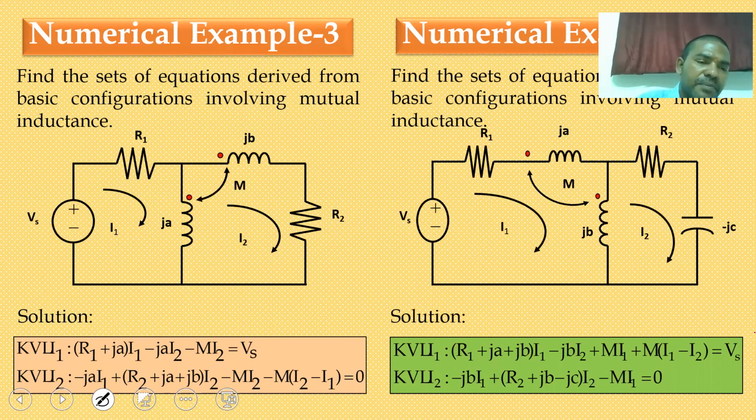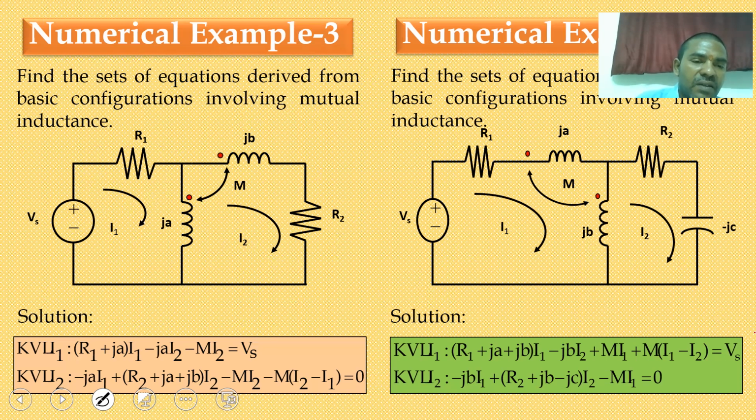Here the I1 current is the starting dot, I2 current is the ending dot. So for JA, I1 current is starting dot, I2 current is ending dot.